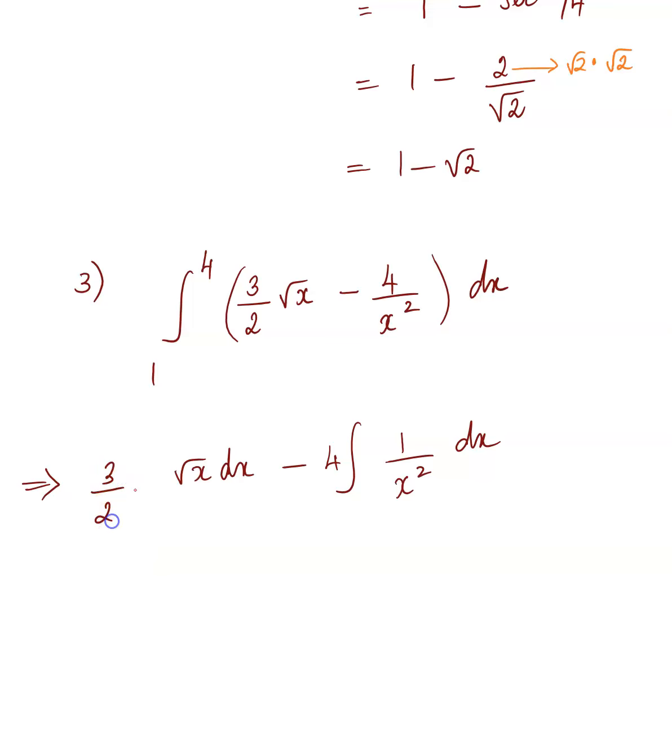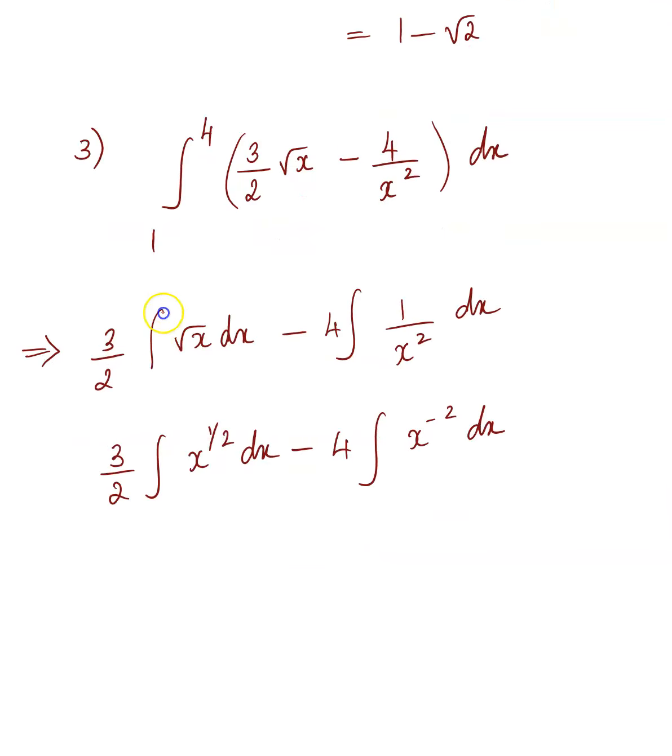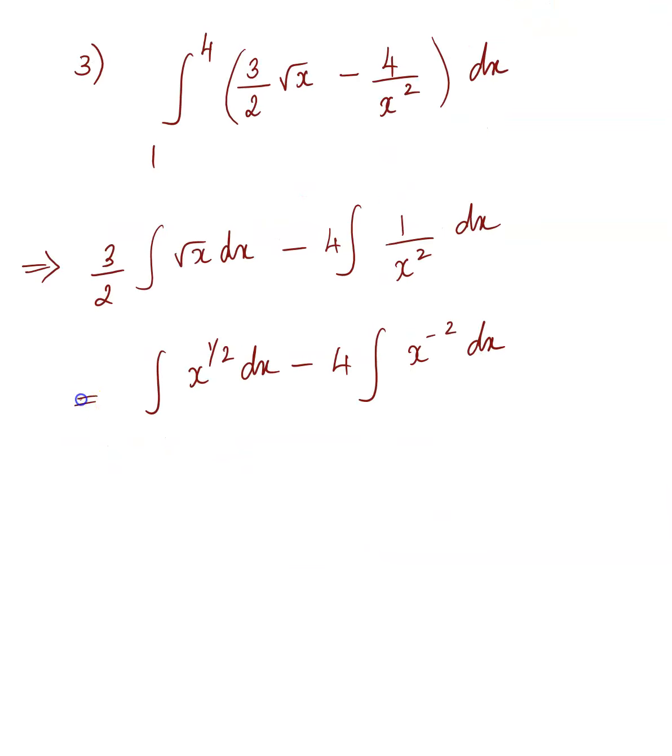I'll pull out the 3 over 2 and just have the integral of root x, and to clean this up, x power half dx, minus 4 integral x power negative 2 dx. You know that's going to be x power half plus 1 over half plus 1. You'll have the plus c if you recall.